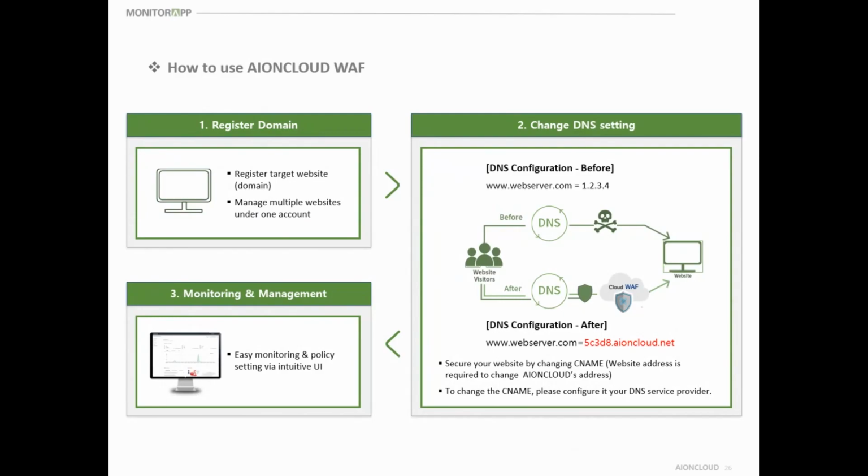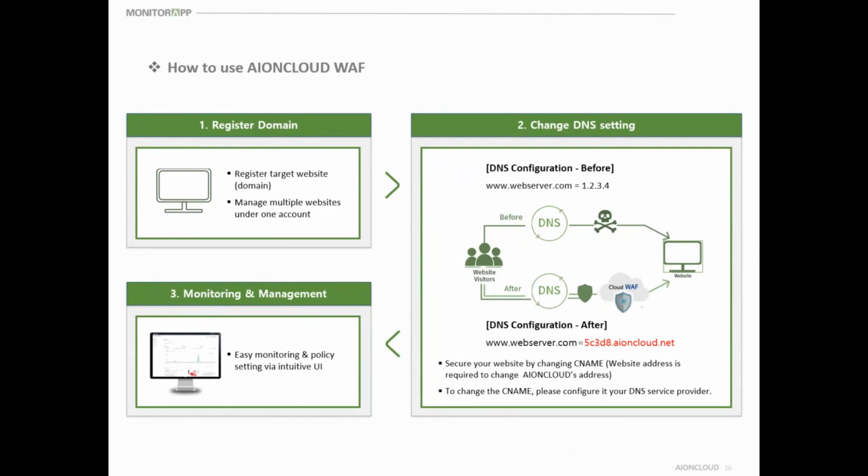The CNAME is one of the destination addresses like an IP address, but it is used only for the DNS. You just need to replace the IP address with it on the DNS server.